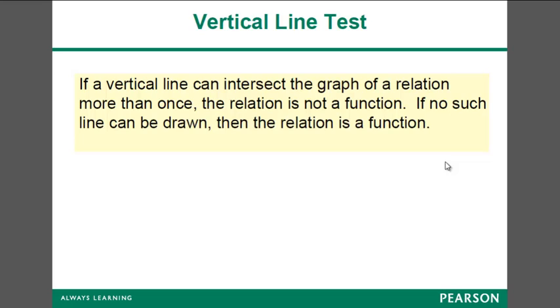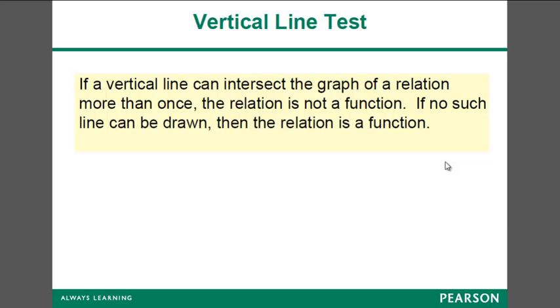To determine if a graph is a function or not, we want to look at what we call the vertical line test. If a vertical line can intersect the graph of a relation more than once, the relation is not a function. If no such line can be drawn, then the relation is a function.